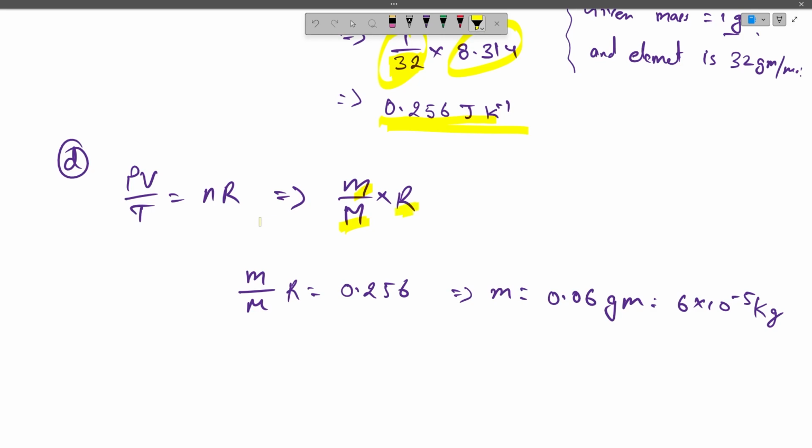We know the gas constant, so we can equate this with the known value of 0.256 for oxygen. Calculating this, we get the mass of hydrogen as 6 into 10 to the power minus 5 kg. So this much hydrogen is required for it to have the same value of PV by T.